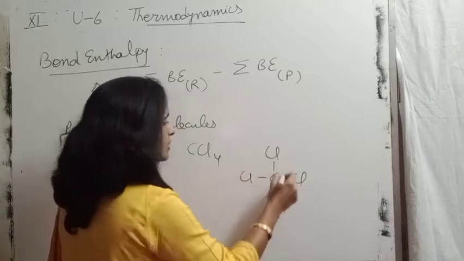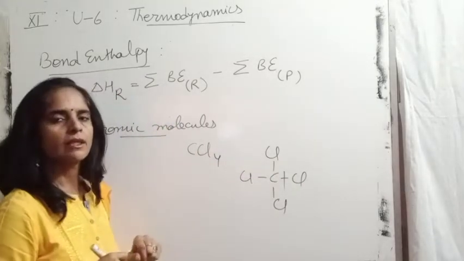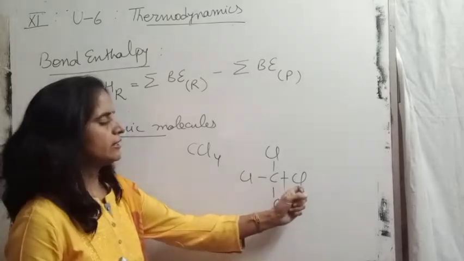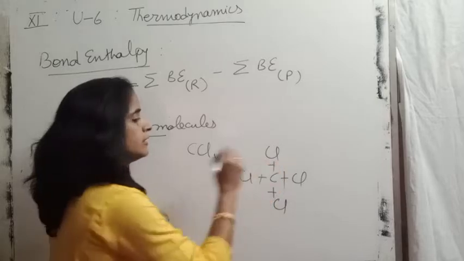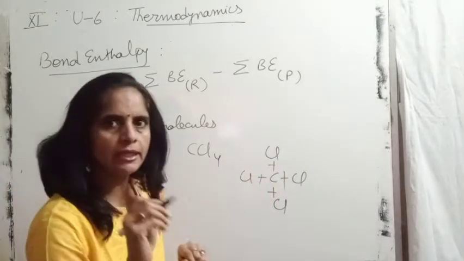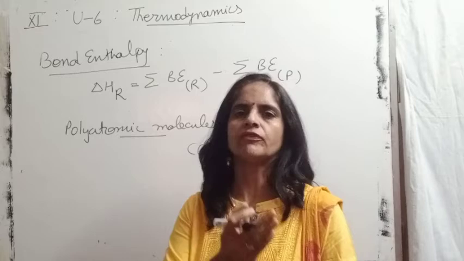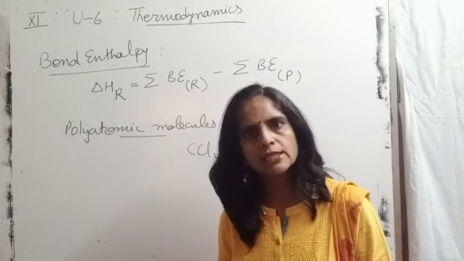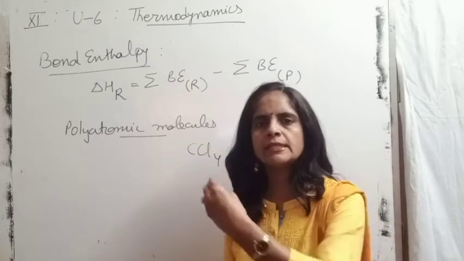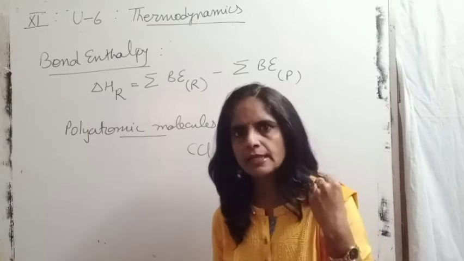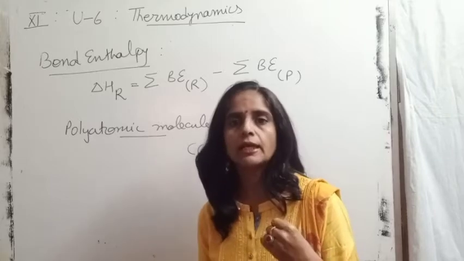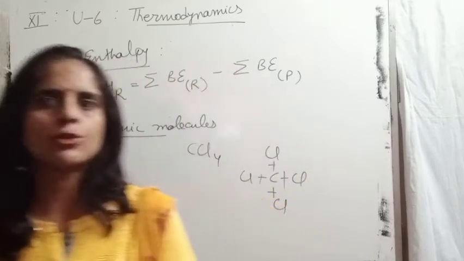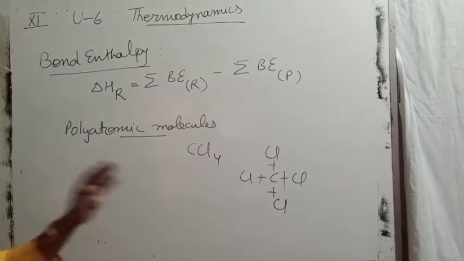When I break the first carbon-chlorine bond, I will be left with CCl3 and chlorine is released. Then I have to break the second bond, then the third bond and then the fourth bond. To break each bond, a different amount of energy is required. That's why first we calculate each step enthalpy, meaning the enthalpy required to break one bond after another in CCl4. And finally we take the average of all these enthalpies, which gives us the bond enthalpy for CCl4.